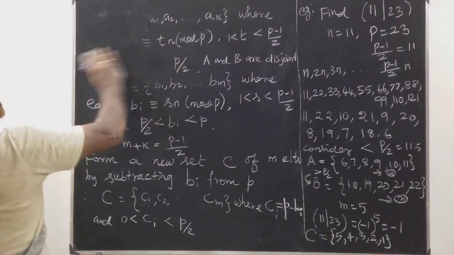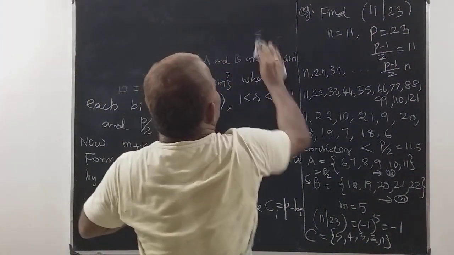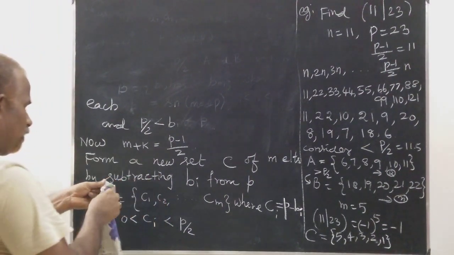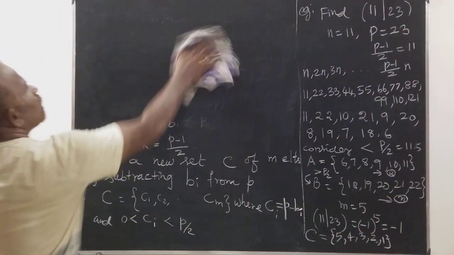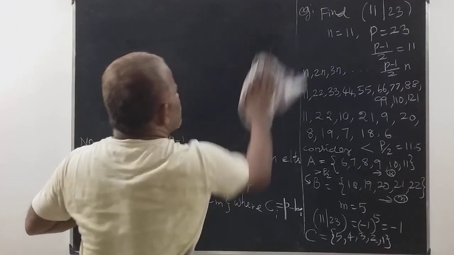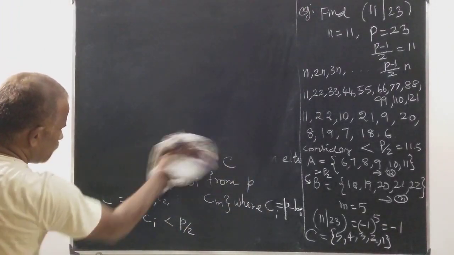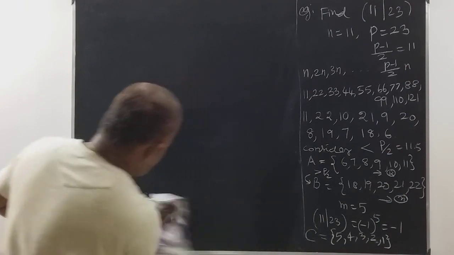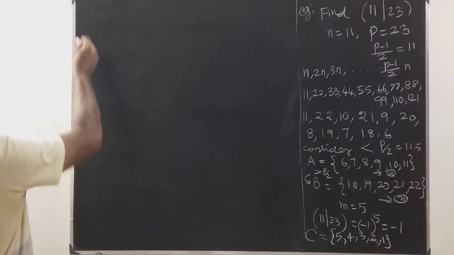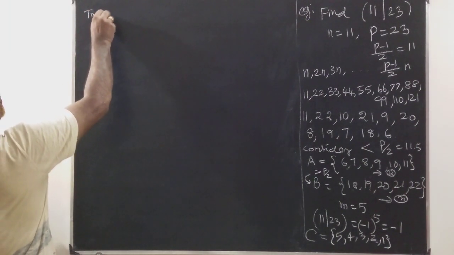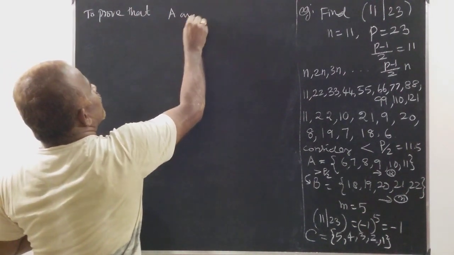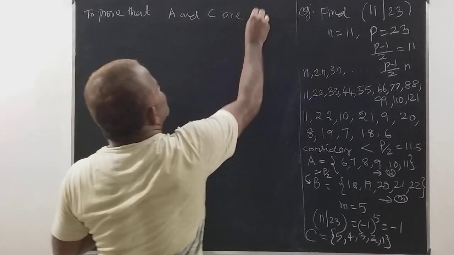So now I am going to prove that A and C are disjoint.